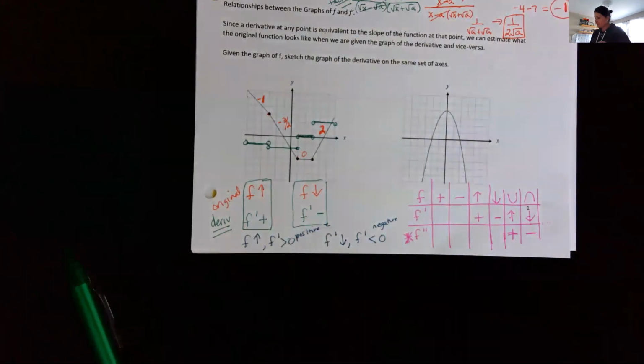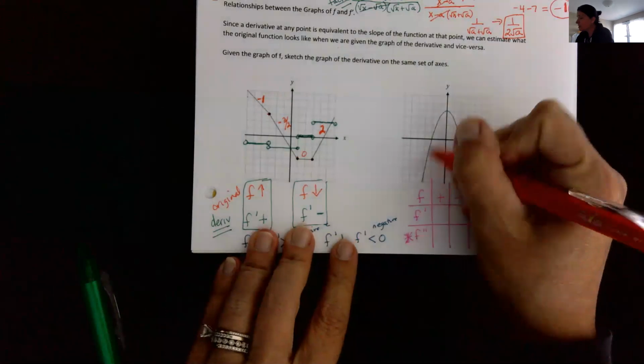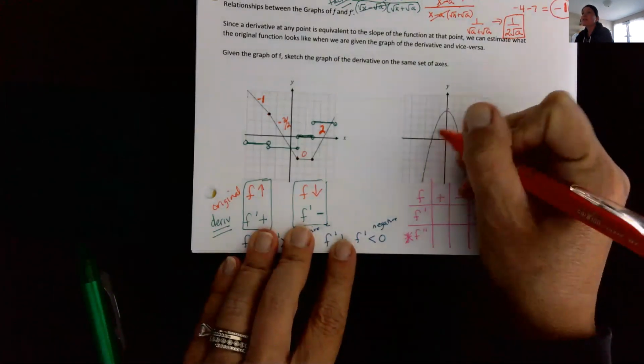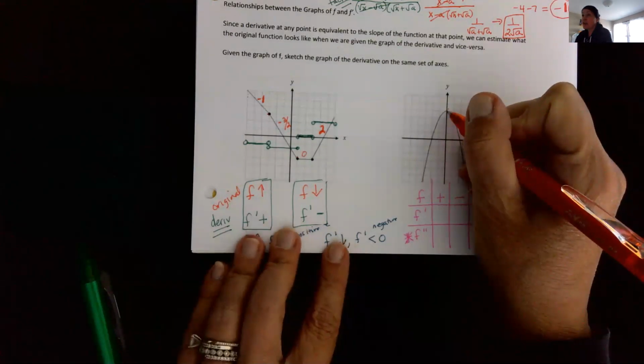Okay, so let's look at this upside down parabola and see if we can follow what's happening here. We've just said over and over again, if our f is on an increase, which it is right here, that means the entire derivative should be positive there. But notice what's happening.